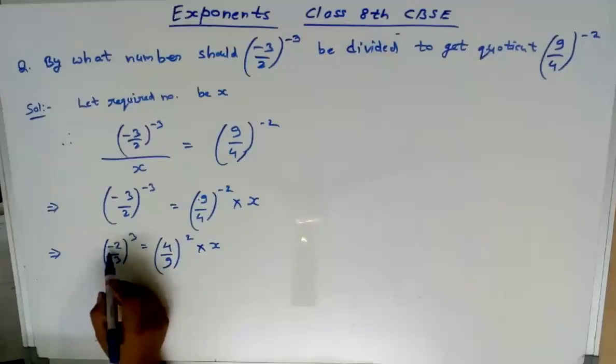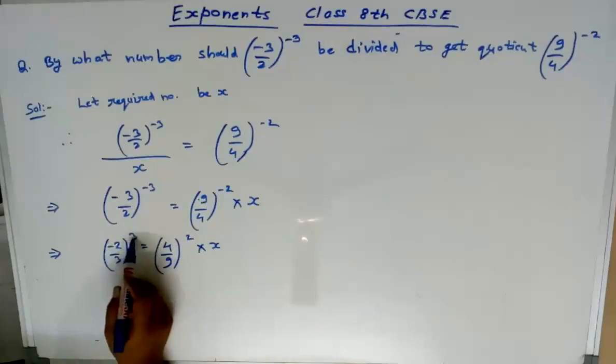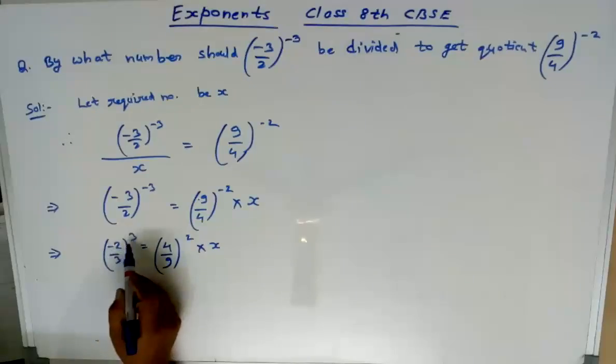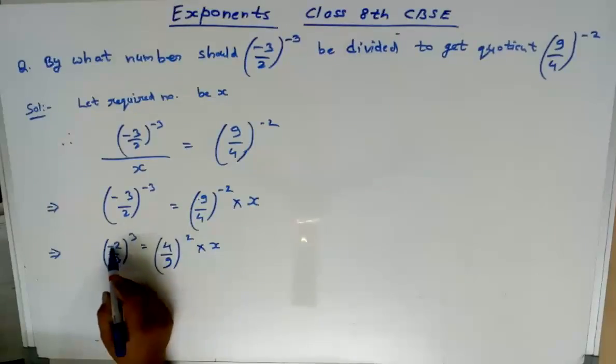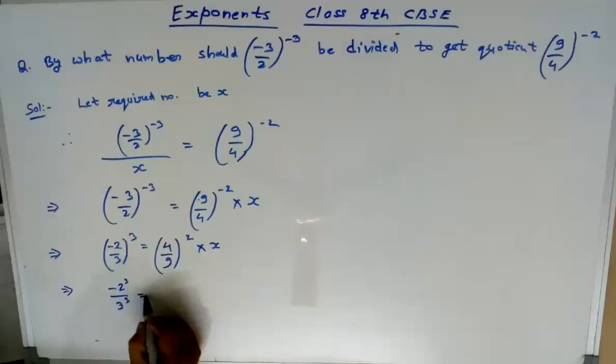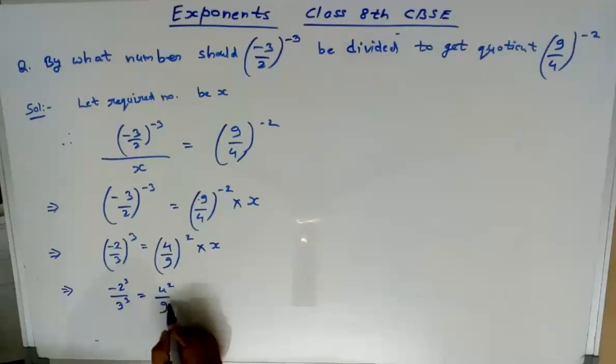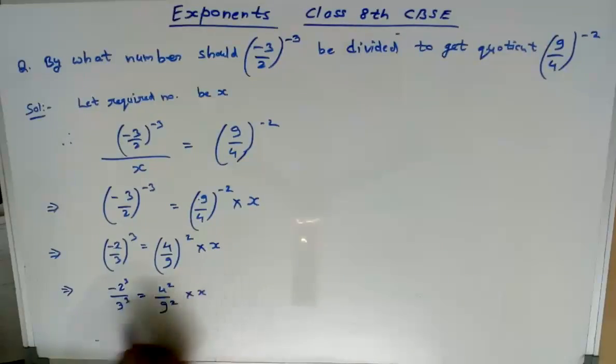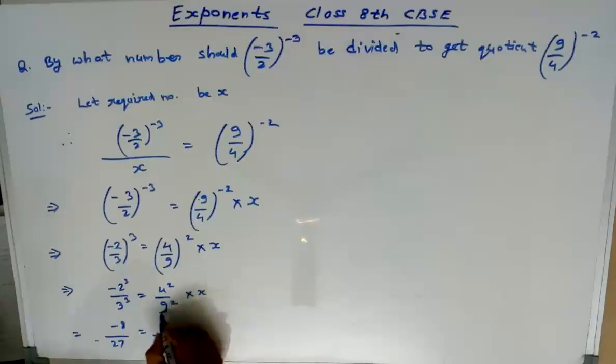Since minus 2 has exponent 3, it will be minus 2 into minus 2 into minus 2, and the number will remain negative. It is minus 2 raised to the power 3, 3 raised to the power 3, 4 raised to the power 2 upon 9 raised to the power 2 into x. So it will become minus 8 upon 27 is equal to 16 upon 81 x.